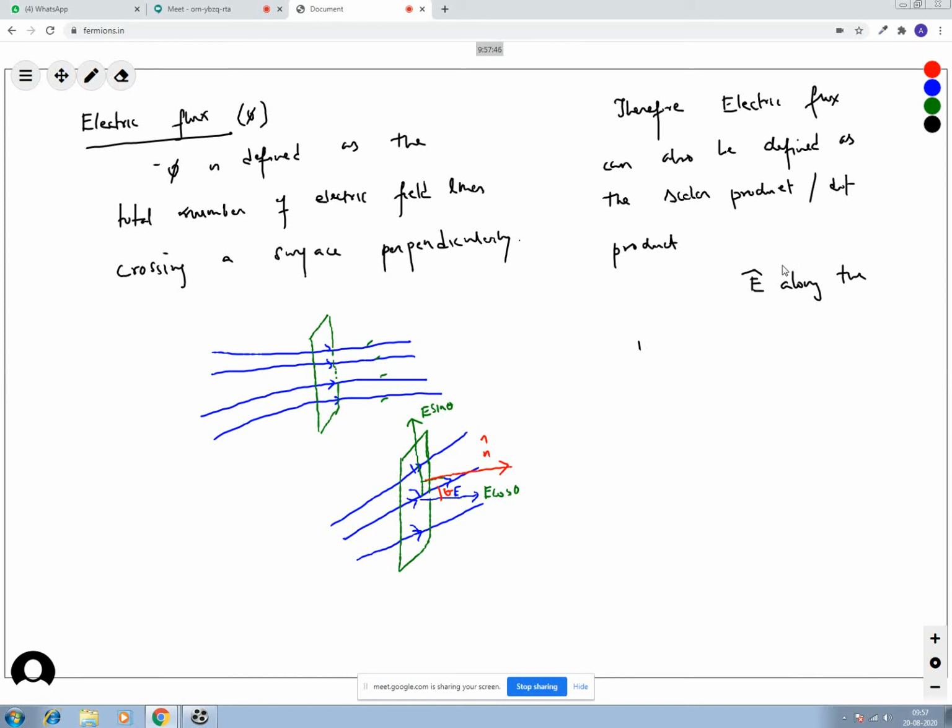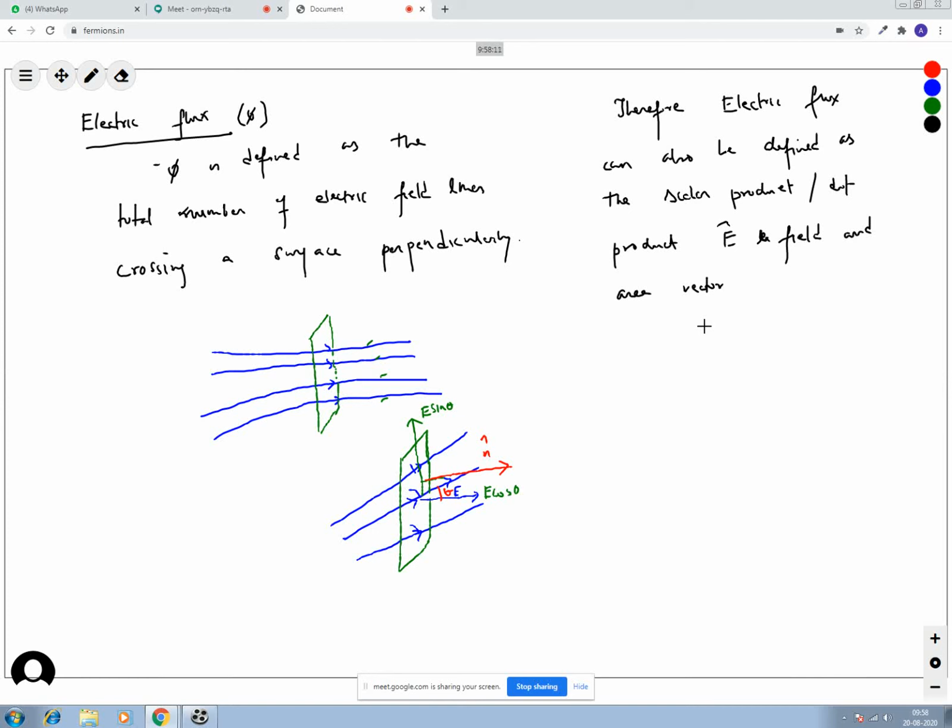No need to go for all the perpendicular component. I have already said this is a scalar product, so it will automatically include it. So you can write this as the scalar product or dot product of electric field and area vector.